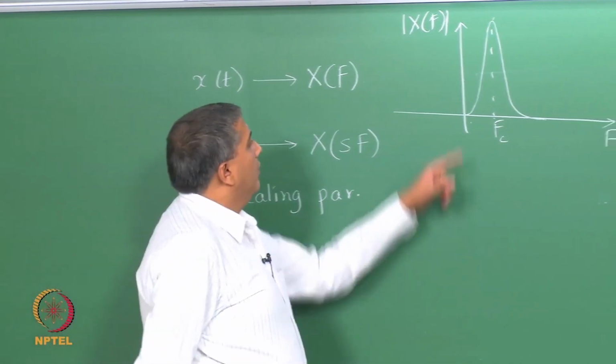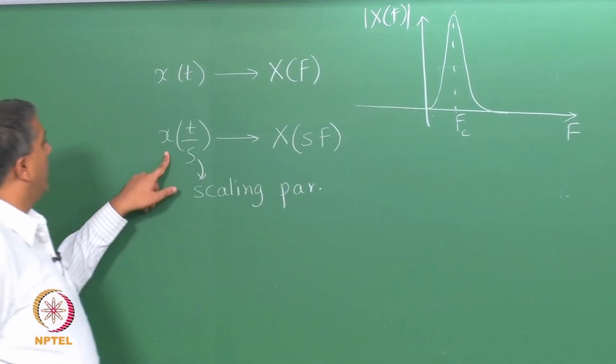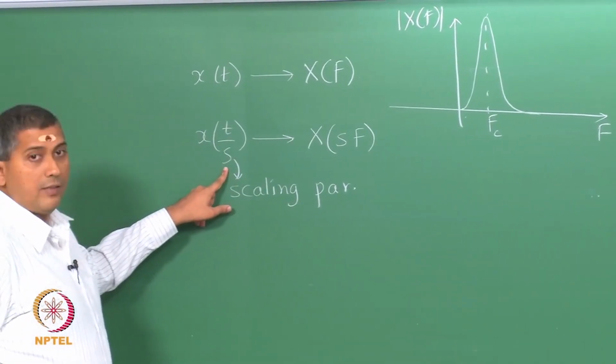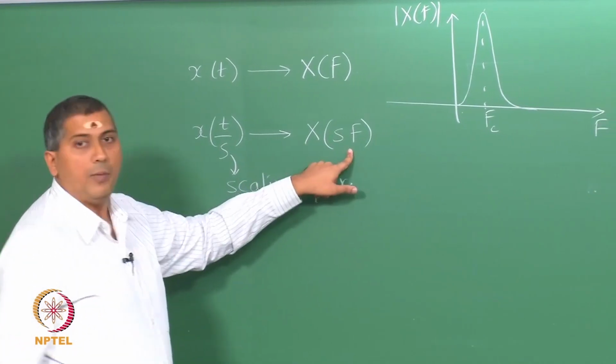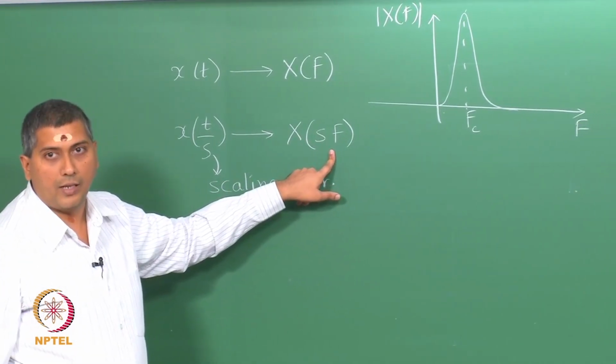So, scaling this signal by a factor of 1 over s results in the Fourier transform being X of s times f.